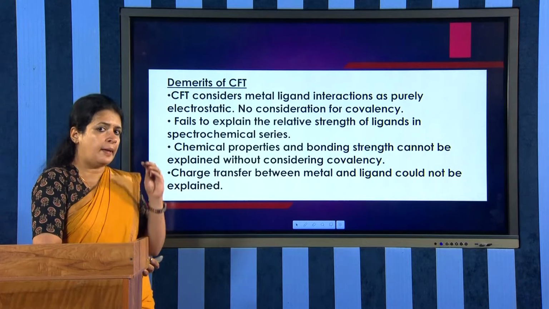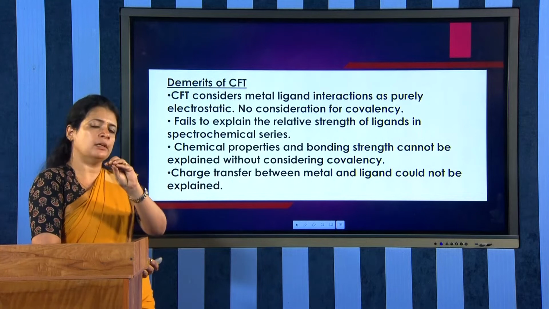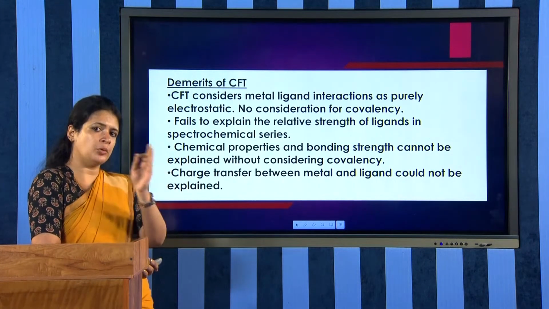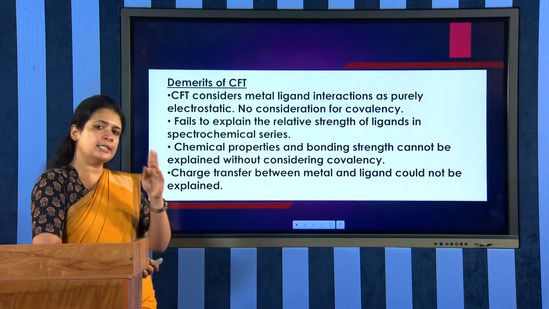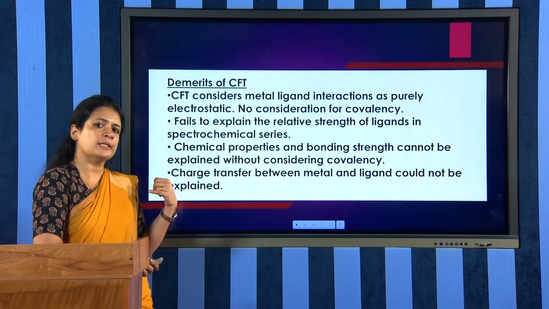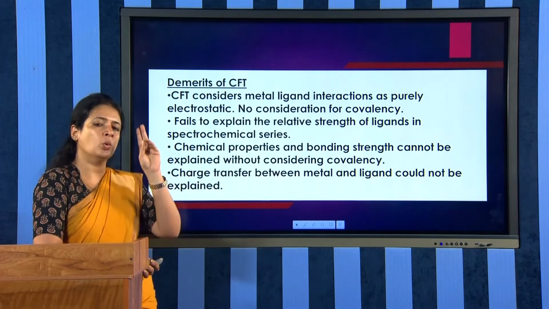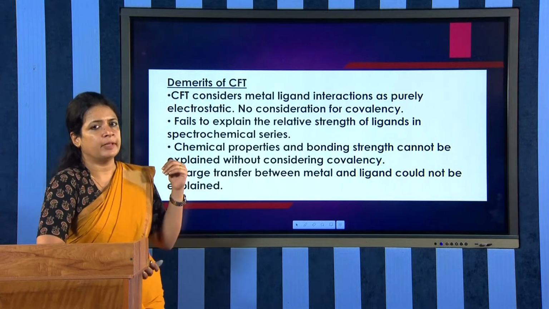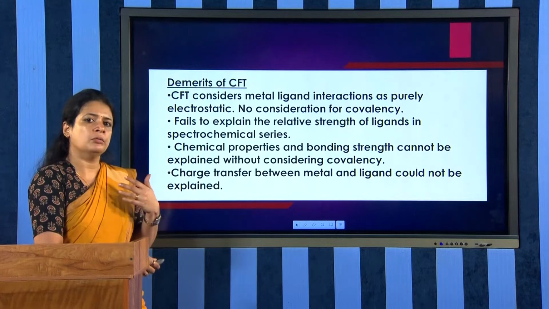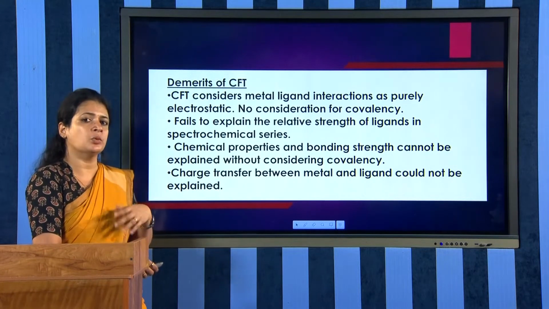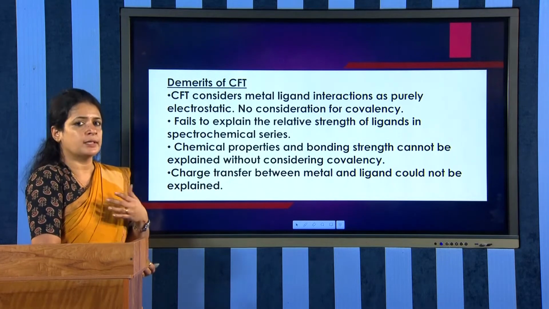Charge transfer means electron transfer from the metal to ligand or from the ligand to metal. With this transfer the complexes show color. But crystal field theory was mainly concerned with only d-d transitions. So when charge transfer transitions are there, CFT failed to explain those kinds of transitions. So, these are the demerits of crystal field theory.